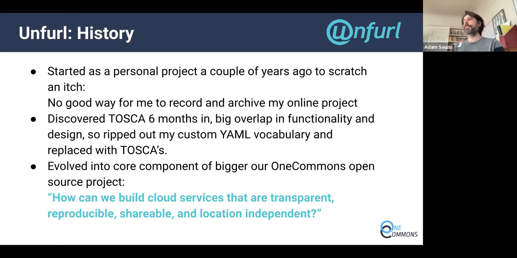But if you're in a smaller company, like I've done a bunch of little startups over the years, or just personal projects as a developer, it's really hard to keep track of your deployments, being able to reproduce them, shut things down, start them again, archiving them. Those kinds of needs were just not out there. So I started to build Unfurl around that, and I really just wanted everything to be stored in Git to have this kind of archiving.